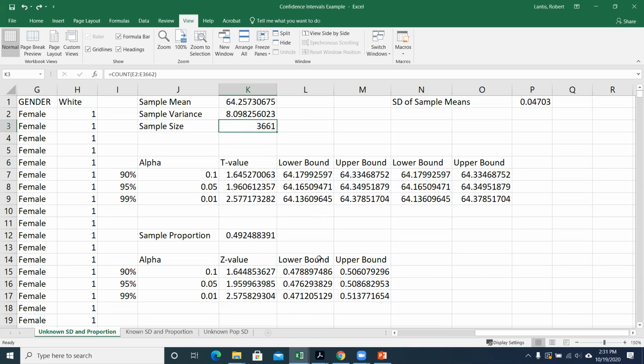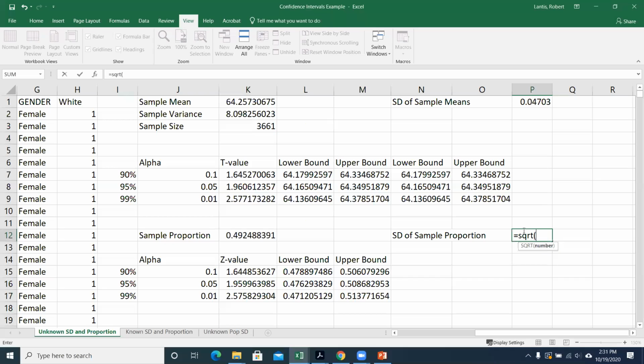Okay. Now, I could have done the intermediate step the exact same way as I had done up here. So I know that the standard deviation of my sample proportions is the square root of my sample proportion times 1 minus my sample proportion, divided by my sample size.